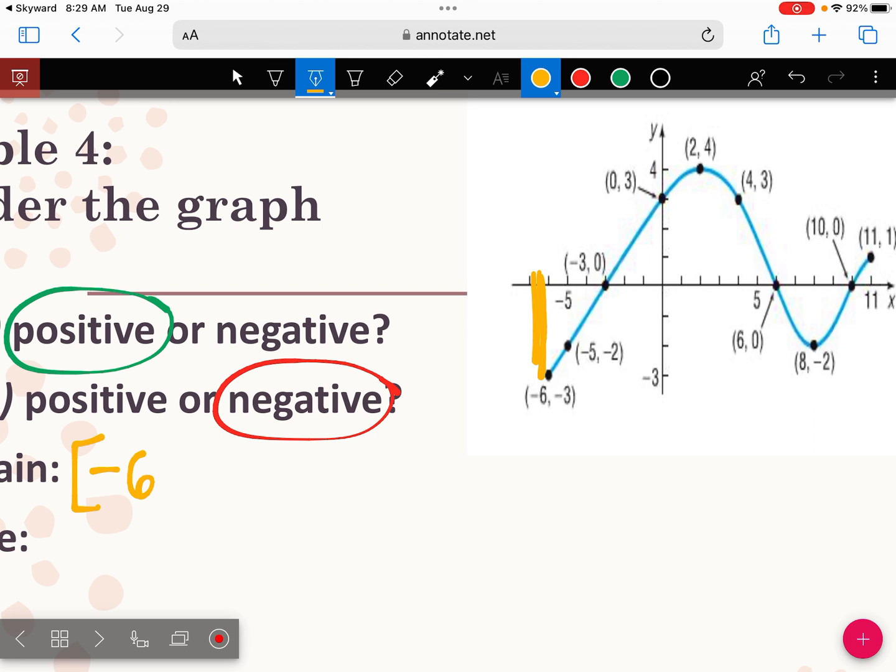And then furthest to the right this graph goes is right there. What does X equal? What is X? 11. So your domain is -6 to +11 because you read it left to right.